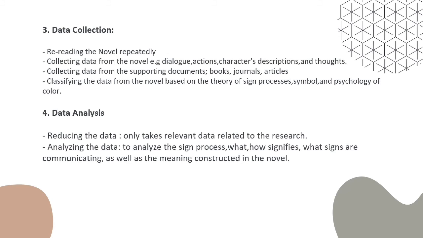In her data collection, the first thing she did was reread the novel repeatedly in order to get a better understanding of the data, and she collected data from the novel, for example from the dialogues, actions, character descriptions, and thoughts. She also collected data from supporting documents like books, journals, and articles. And the last thing she did was classify the data from the novel based on the theory of sign processes, symbols, and the psychology of color.